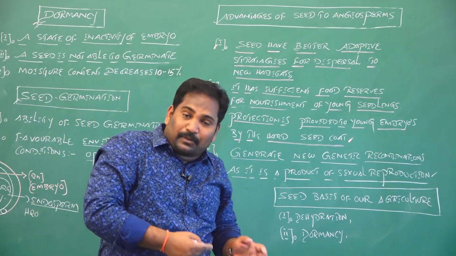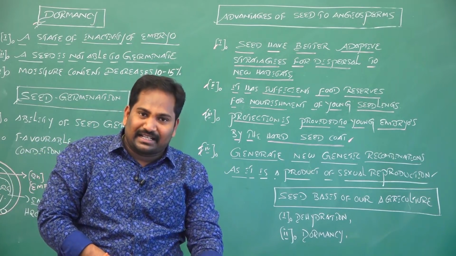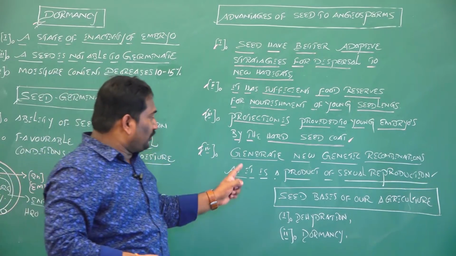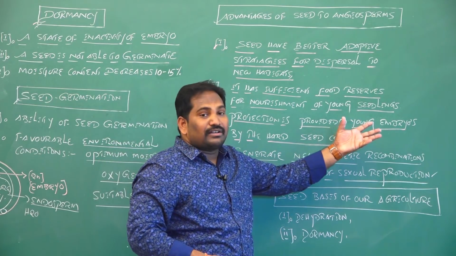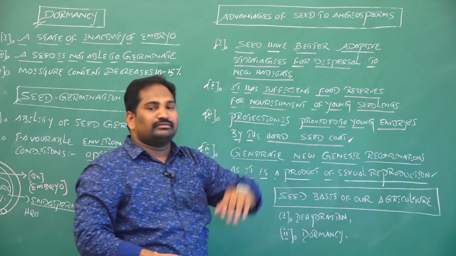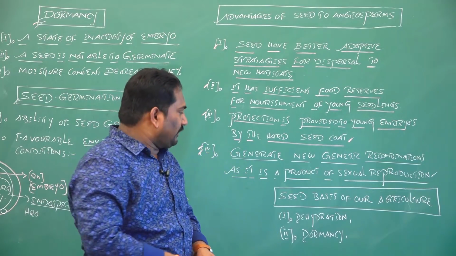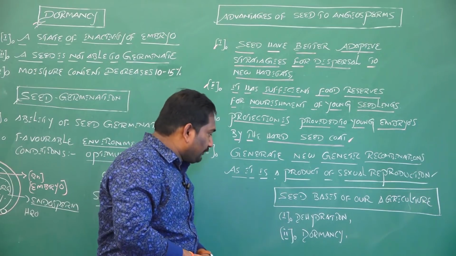And seeds are the product of sexual reproduction. During sexual reproduction, meiotic cell division occurs, and then it creates recombination. So, due to seed formation in angiosperms, new recombinations are generated because it's a product of sexual reproduction.